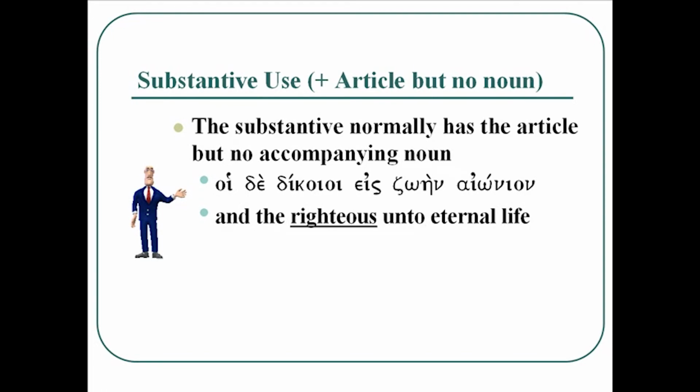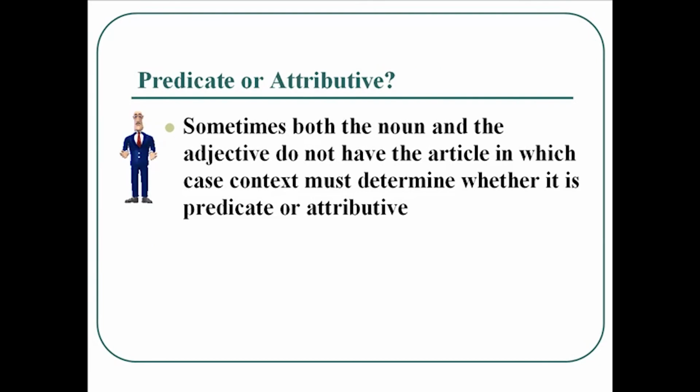noun form. Now sometimes when the adjective does not have the definite article, and the noun doesn't have an article either, it may be either predicate or attributive. And so there's some ambiguity in that case, so the context must be used to determine whether it's predicate or attributive. And sometimes even the context won't give it to you.